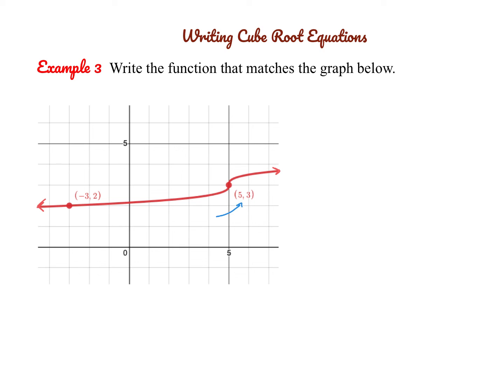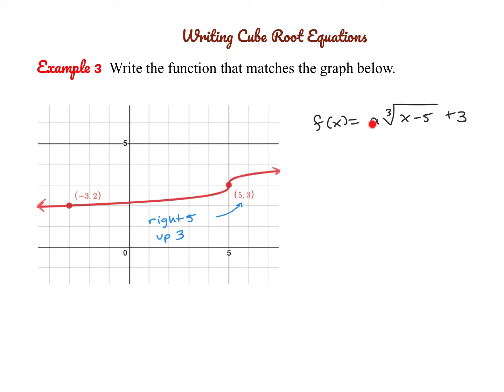So we can use that center point to show that our graph has been shifted to the right 5 and then up 3. So we can put those shifts into our function, but we still need to find our a value. So we have a times the cube root of x minus 5, plus 3.